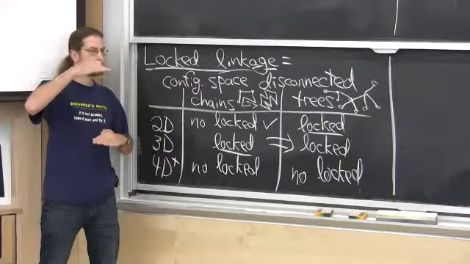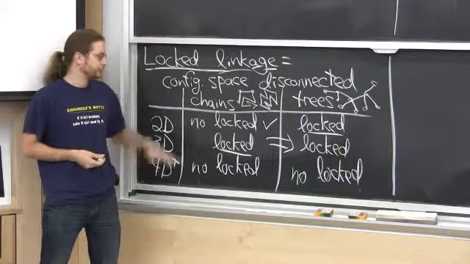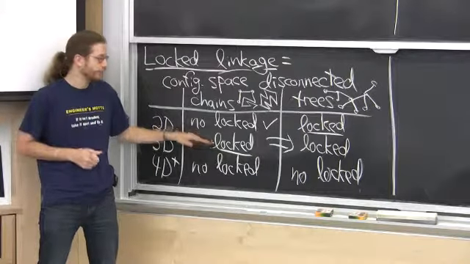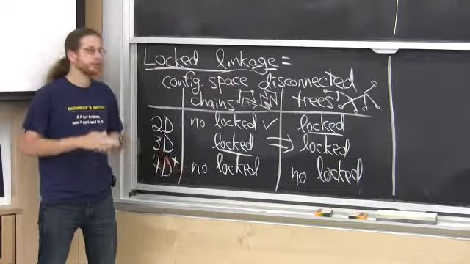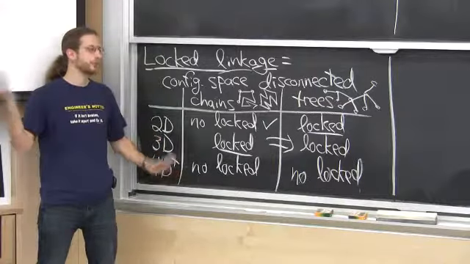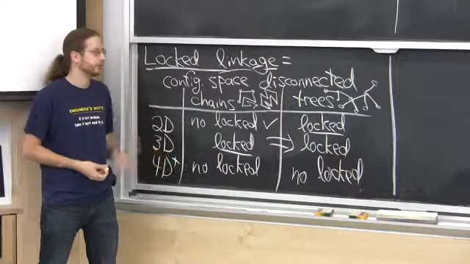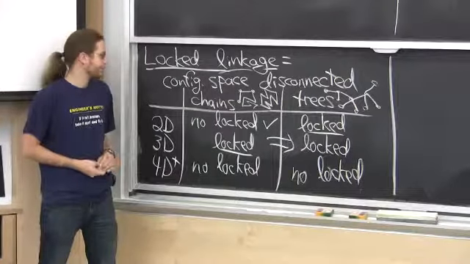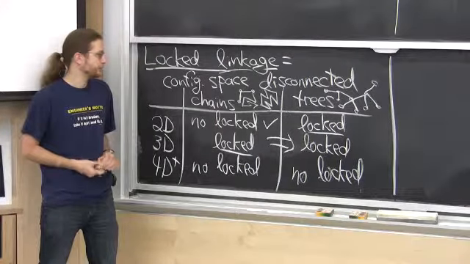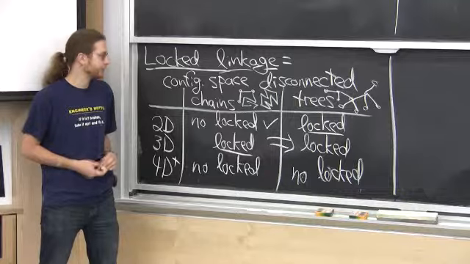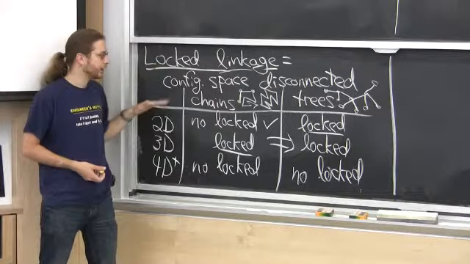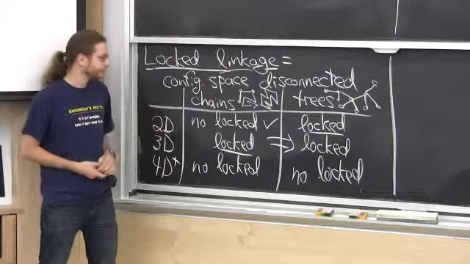This mismatch of 2 in dimension allows you to lock things kind of like knots. And in 4D, there's so much freedom in the way you move, somehow nothing can lock, in the same way that there are no knots in 4D. Cool. So that's the reminder summary about locked linkages, what they are, and what's known about them.